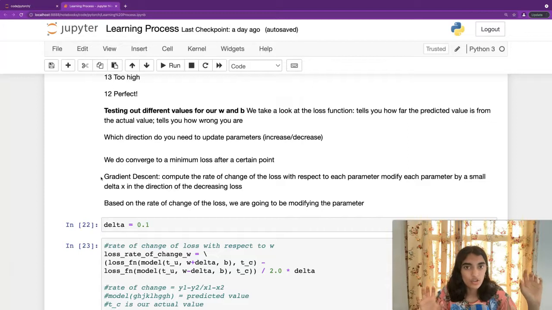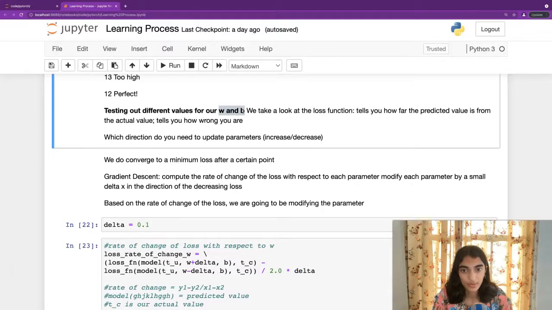But if we change those up, we have a new line that doesn't represent our data anymore. That shows you how important it is to get your parameters, which in a linear relationship are only your W and B. It's so important to make sure that they're accurate, that they actually model your data.